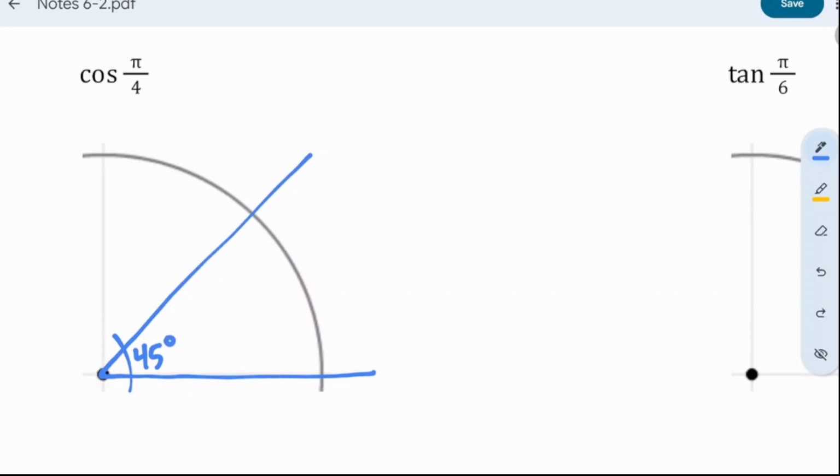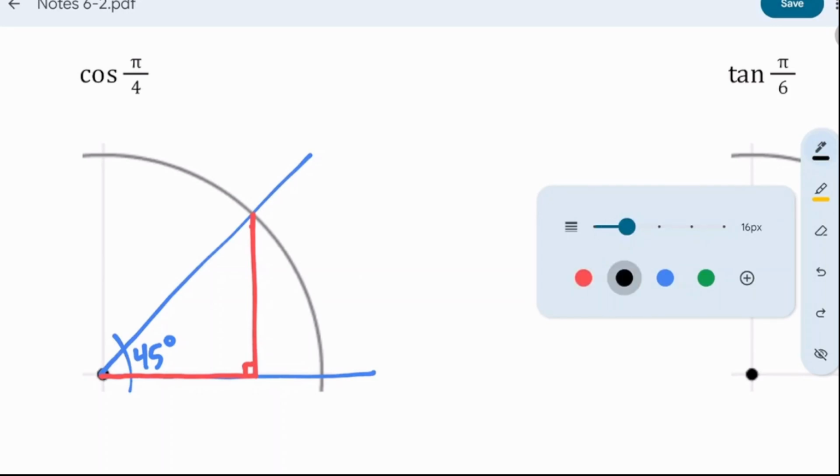Then we're going to make ourselves a reference triangle. We go from the point where the terminal ray intersects the circle back to the x-axis, always the x-axis. There, kind of the two legs and the hypotenuse. Now we go back and label the side lengths. For our reference triangles, remember the hypotenuse is always 1.